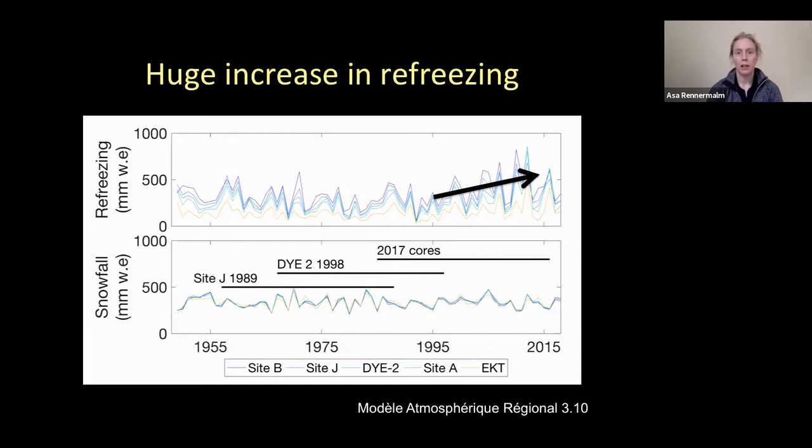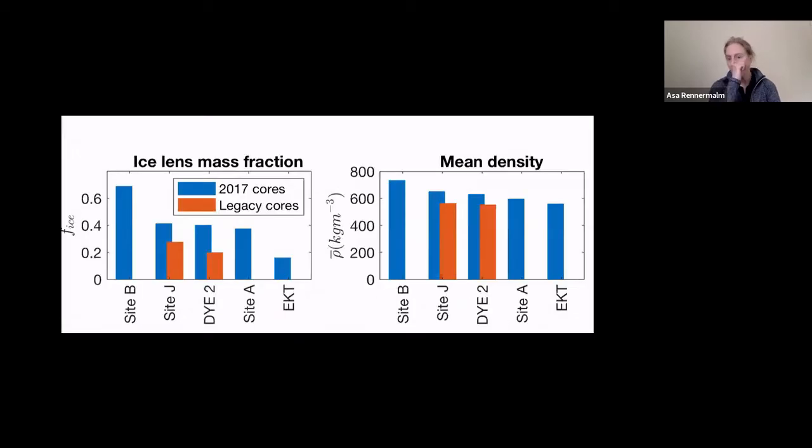I've done all kinds of statistics on these cores, and I'll just show you a few things here. These 2 figures show the fraction of each core that is ice layers, and also the mean density. The blue bars show the 2017 cores, and the red bars show the legacy cores.